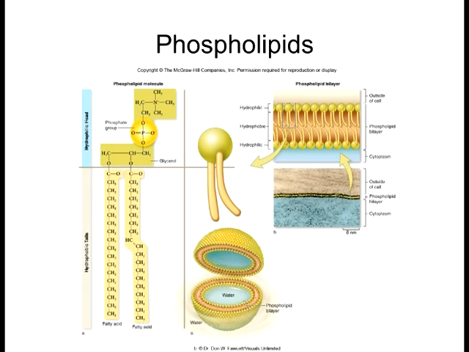Now, this is what makes this molecule not only unique, but essential for life, is that group, that phosphate and that nitrogen group. The phosphate group is negatively charged and the nitrogen group is positively charged, which creates a polarity to this head. And we call this portion of the phospholipid the phosphate head or the hydrophilic head.